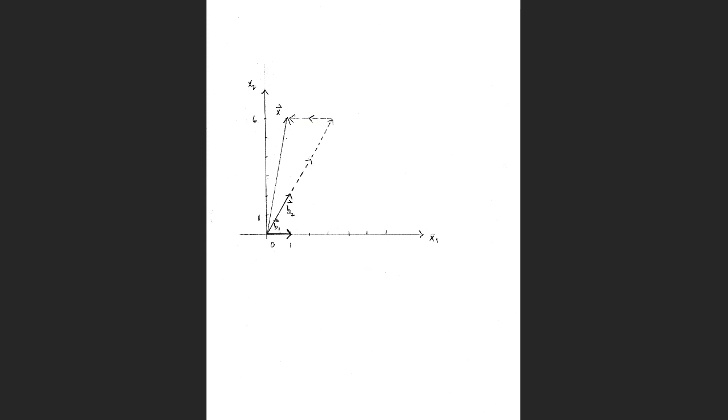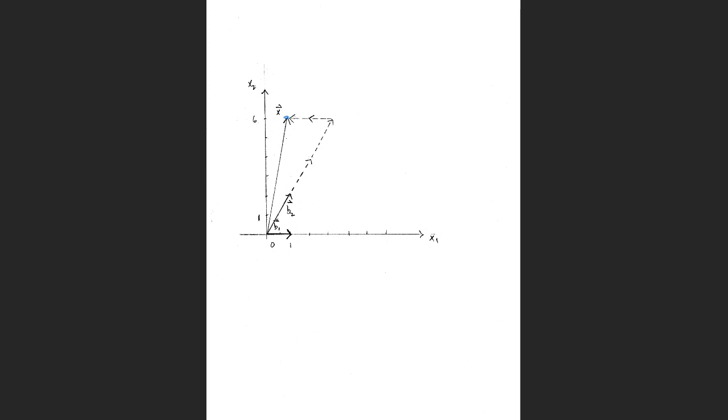Okay, here's a picture. And what I've done is I've drawn the basis B. I've drawn the vector x. So the vector x goes to 1, 6, right?